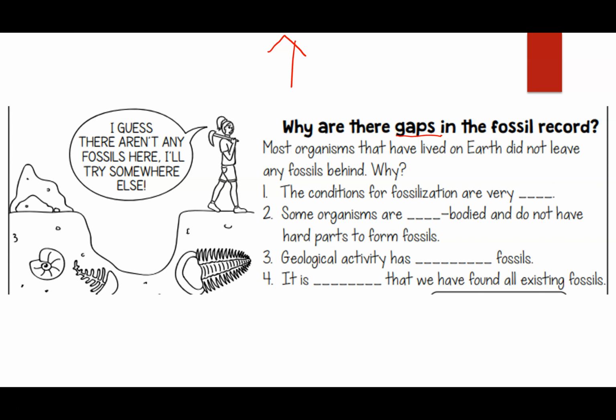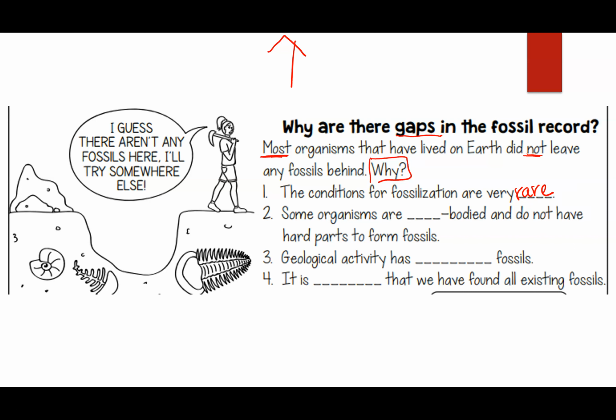Instead, it takes certain conditions for an organism to fossilize. So this is what we're going to write down about that. Most organisms that have lived on Earth did not leave any fossils behind. So that's what we're saying. Most organisms did not leave fossils behind. Why is that? Okay, so the conditions for fossilization are very rare.